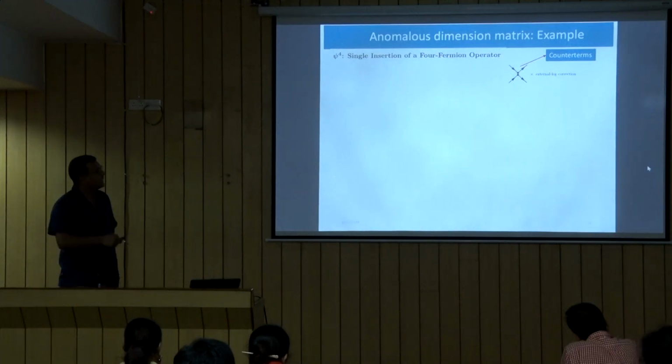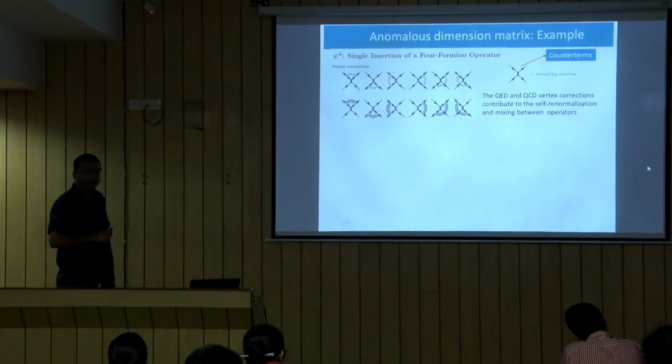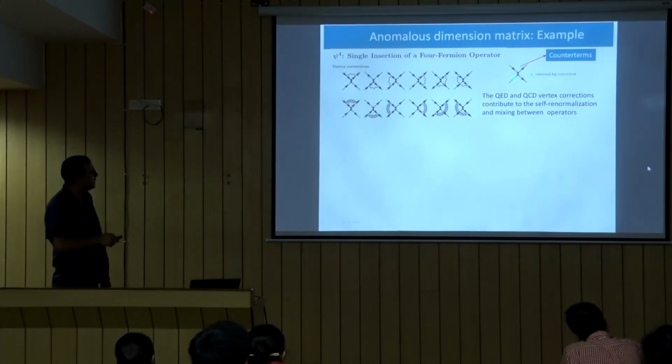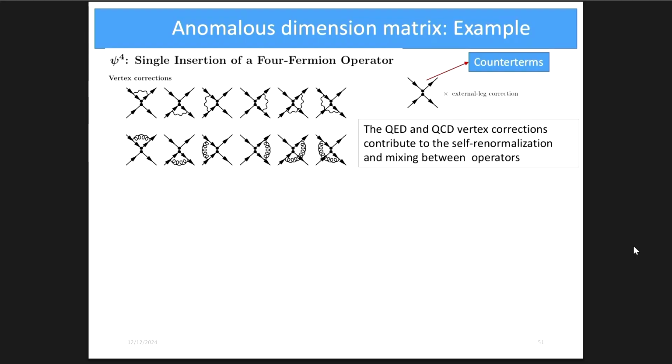Then you calculate the one-loop corrections to this effective vertex, with all possible corrections: this is with photon, and these are all with gluons. Adding these together will contribute to your operator renormalization, but finally you can calculate from there the anomalous dimension matrix.